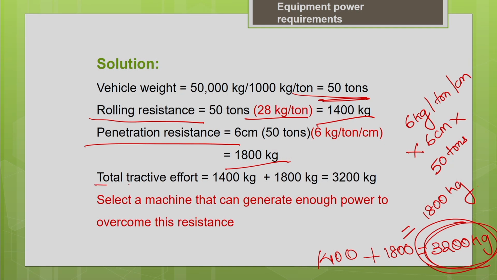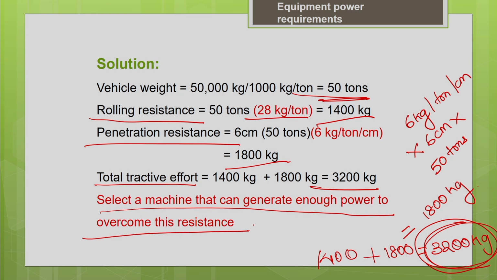The total tractive effort needed to overcome this resistance is 3200 kg. So, select the machine accordingly. That is the purpose of estimating all these resistances, so that we can know the required power for your machine. Select a machine that can generate enough power to overcome this resistance.